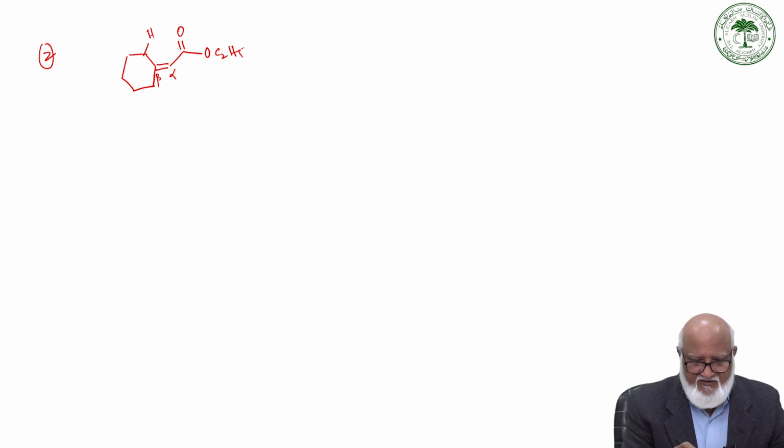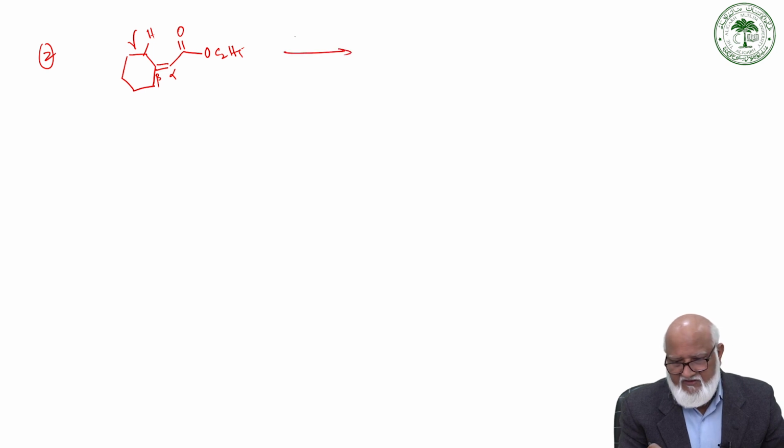This is another example where selection of the suitable starting material is important. We have a double bond here. We have an ester, the carbonyl is a part of an ester, OC2H5. This is a hydrogen here. So this is alpha, beta, and this is gamma.